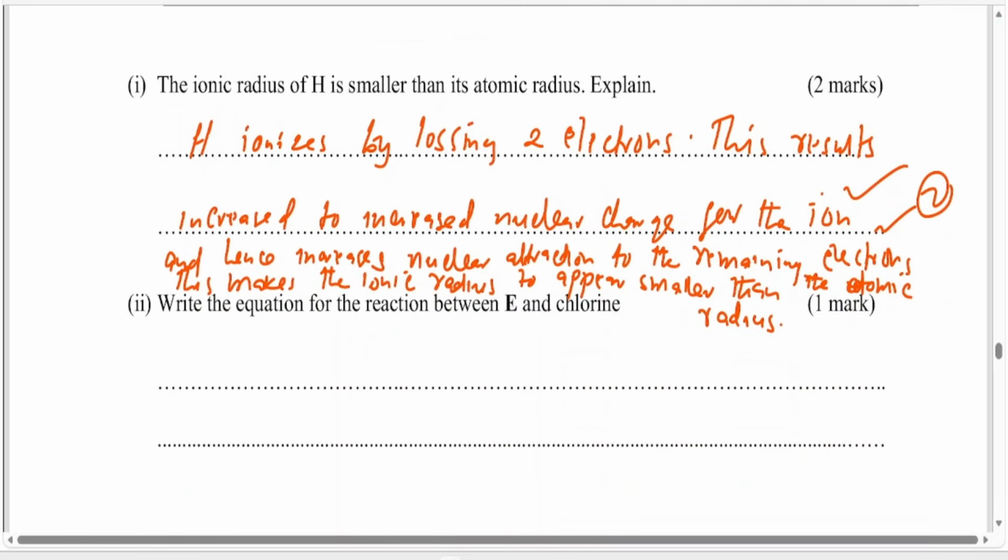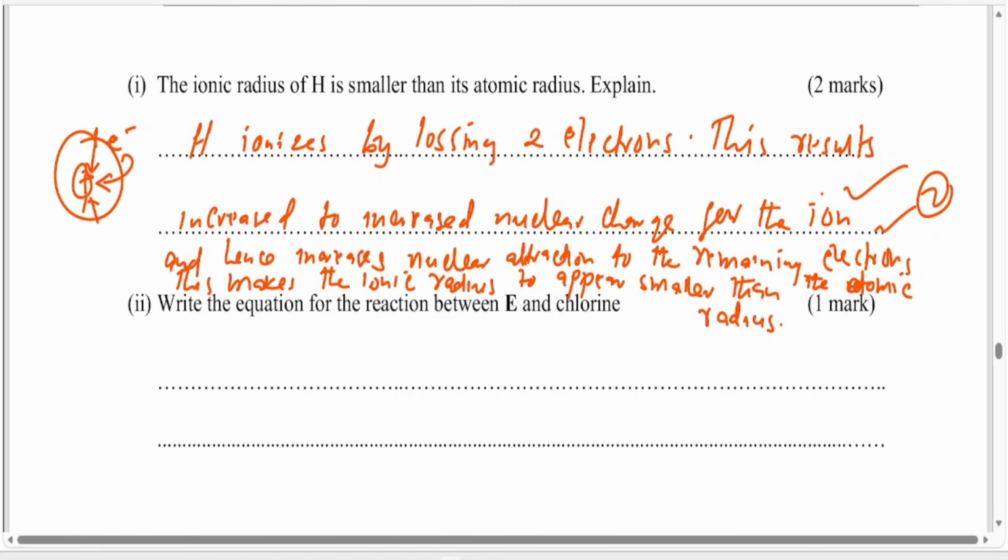When an atom loses electrons, or it ionizes, it leads to increased nuclear charge, and that increase in nuclear charge makes the nucleus more positive, and the remaining electrons are then highly attracted to the central positive nucleus, and that leads to the ion experiencing stronger nuclear attraction, and it appears smaller than the original atom.